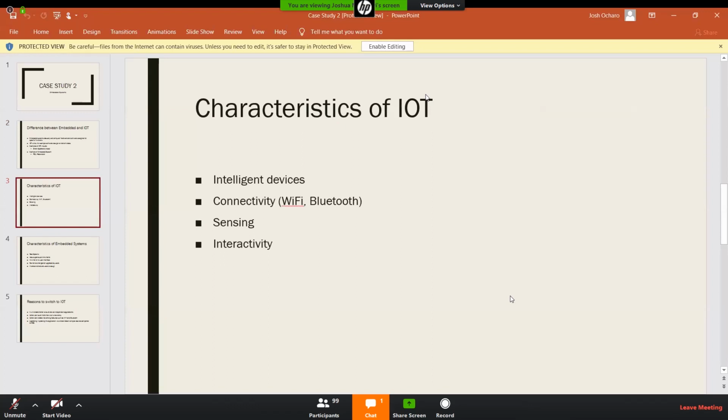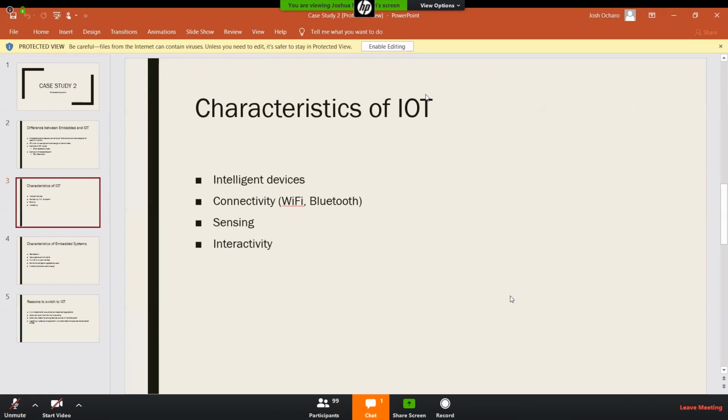Let's say you have an Alexa at home and you want to check the weather today without going to your phone. You just say the activation word, Alexa, check the weather. It will show you the weather details.